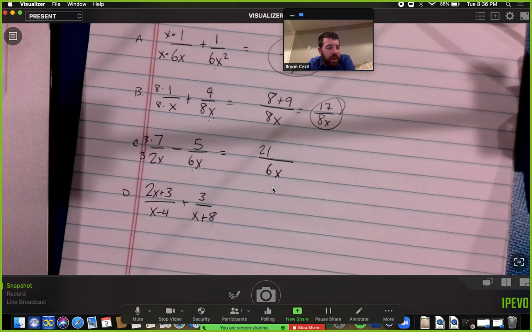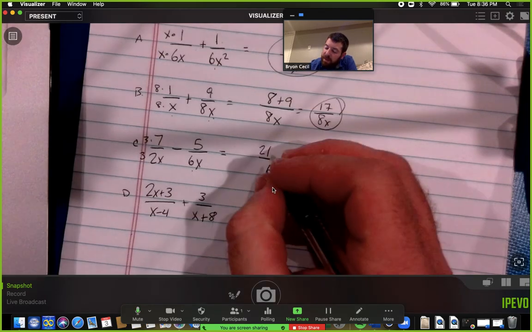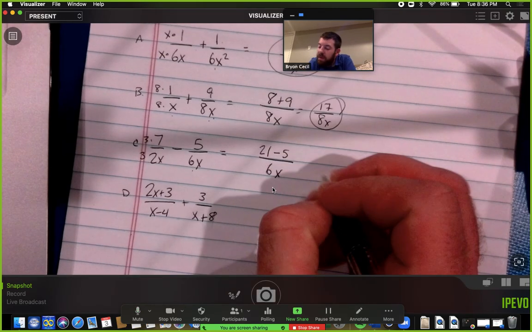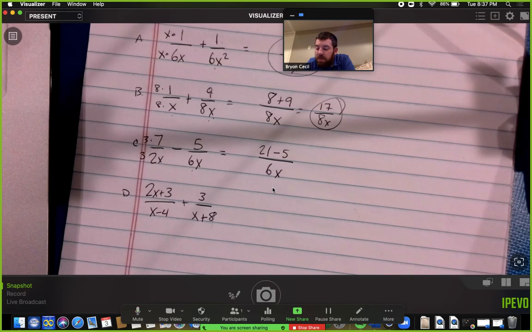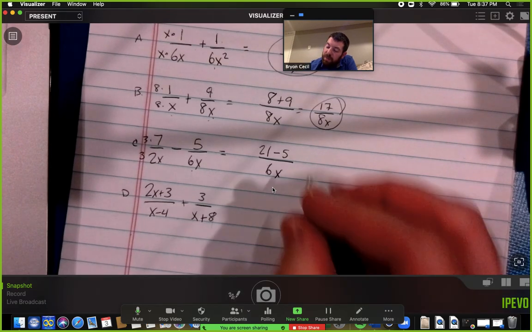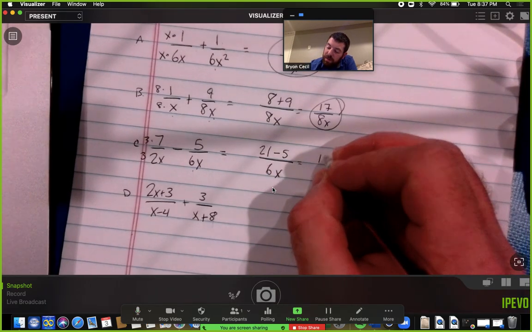And now I leave it as a 5, because I don't need to do anything to it, do I? So now what I'm going to have is 21 minus 5 is 16 over 6x.